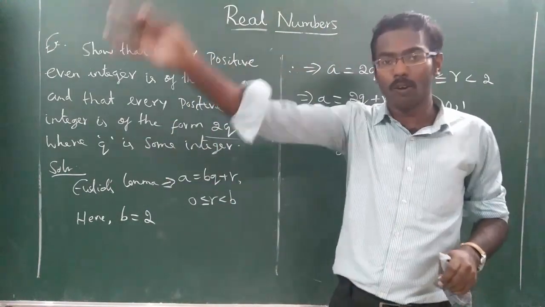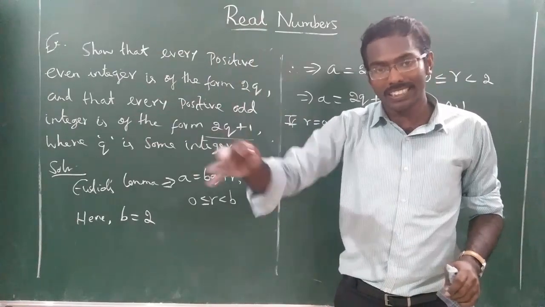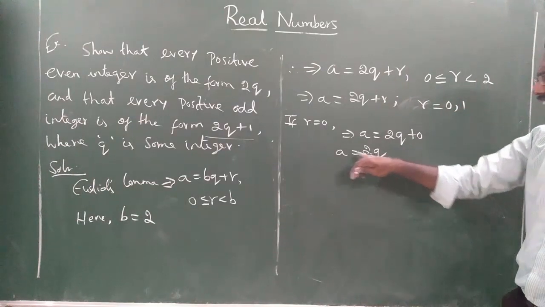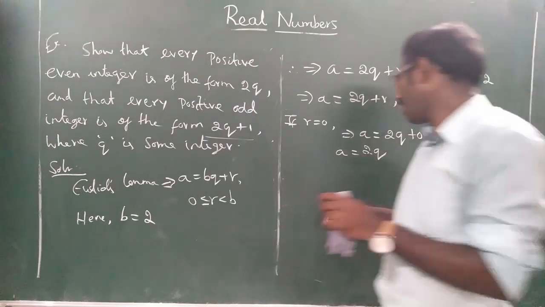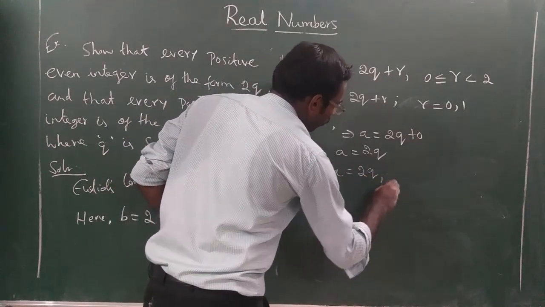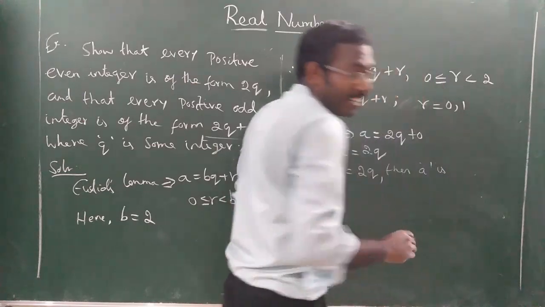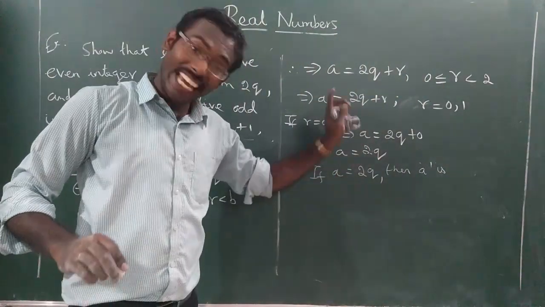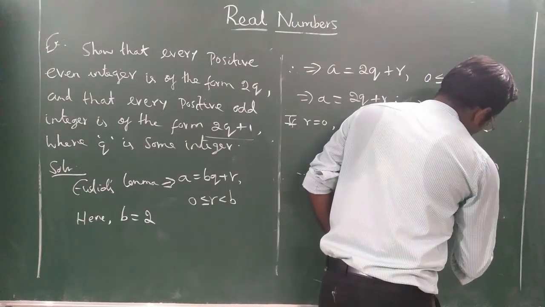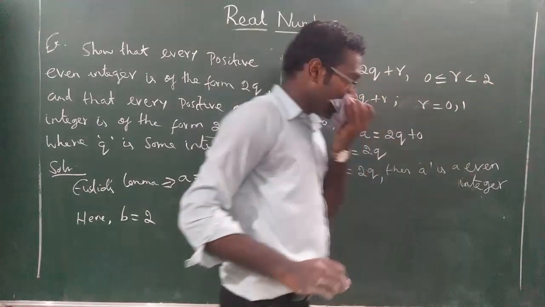For example, 2 into 1, 2, even number. 2 into 2, 4, even number. 2 into 3, 6, even number. So when 2 is multiplied with any number, the answer will be an even number. Therefore, if a is equal to 2q, then a is an even number. 2q means even integer. Okay.